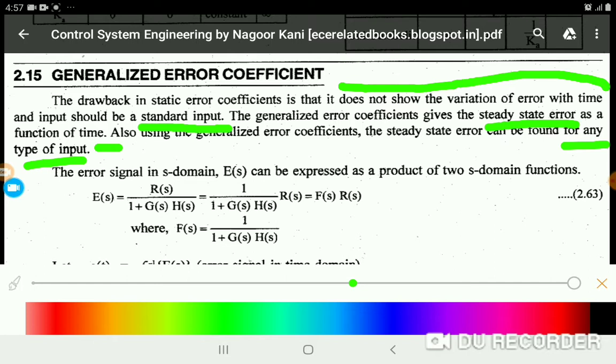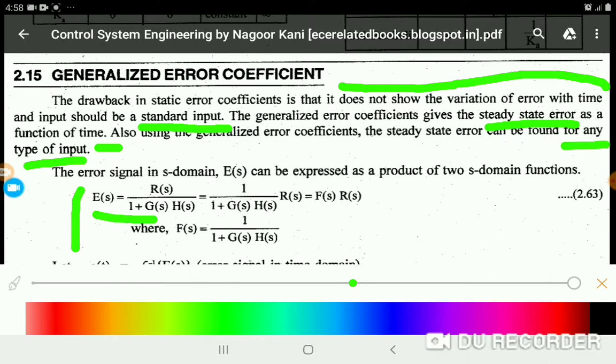While solving a generalized error coefficient, we first recollect the error signal in S domain. We know the error signal in S domain, E of s equal to R of s by 1 plus G of s H of s.